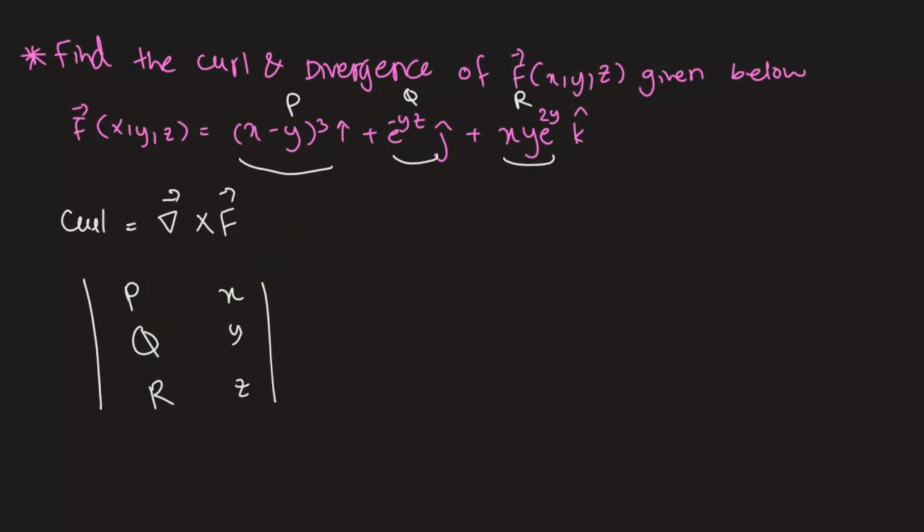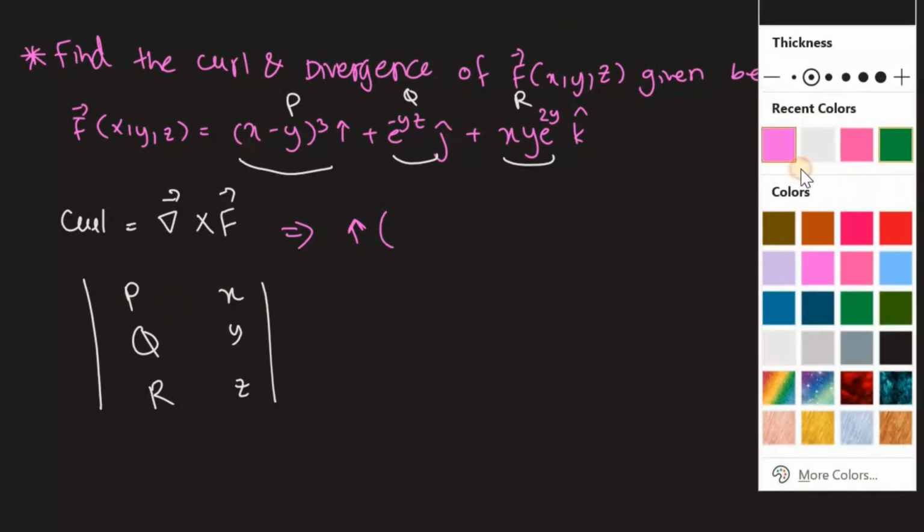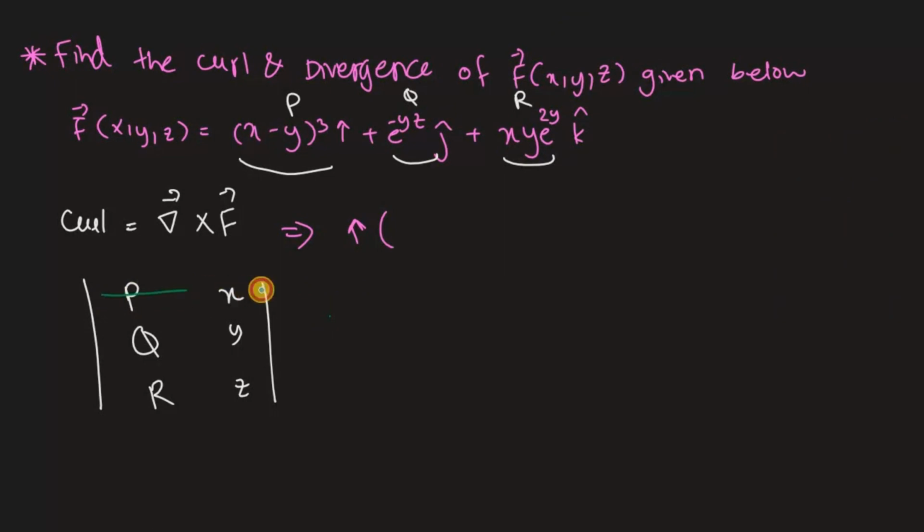Now, for the first one, you're going to write i hat, and i hat represents the X component, right? So you're going to cross out the X component, and then you remember taking the determinant, right? The determinant is this times this, and then negative this times this.